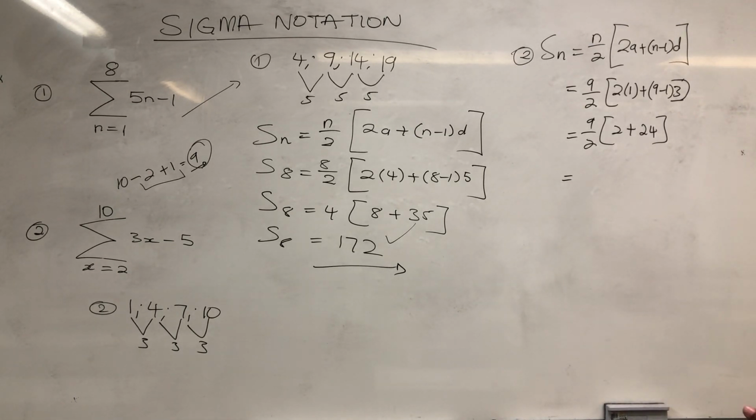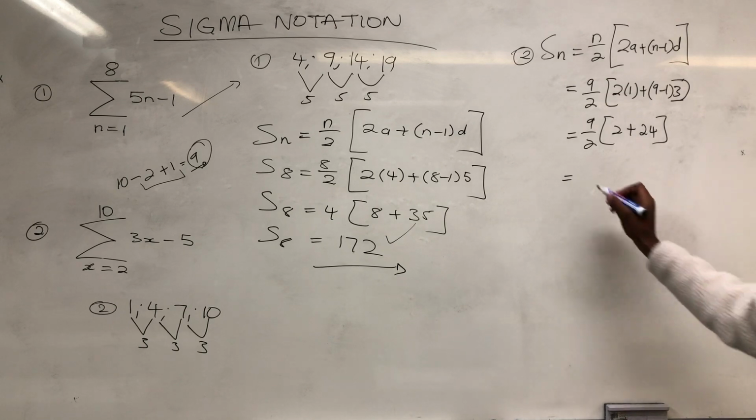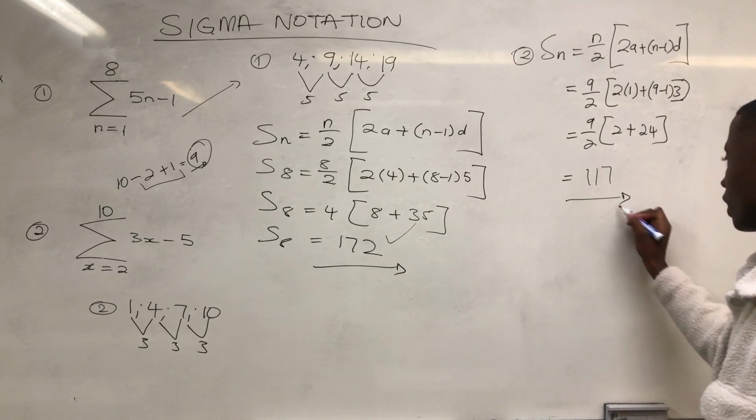Let's press that in the calculator. 2 plus 24 is 26. 26 multiplied by 9 over 2 is 117. That's our final answer.